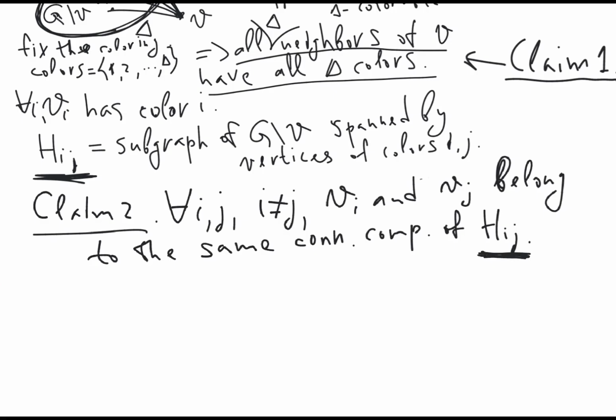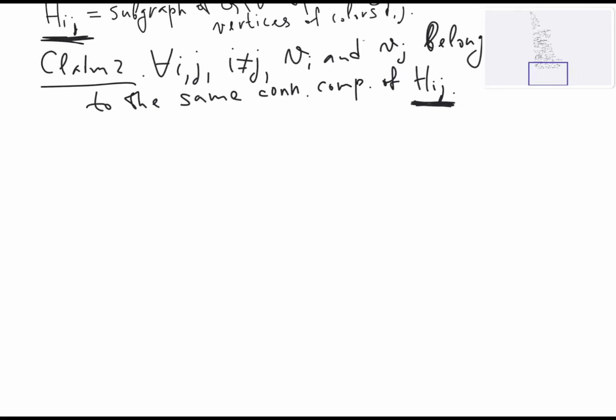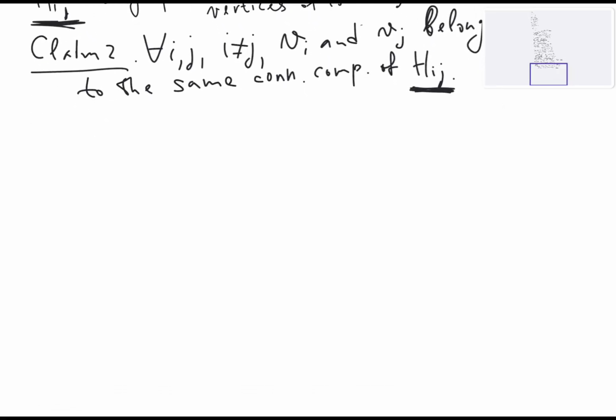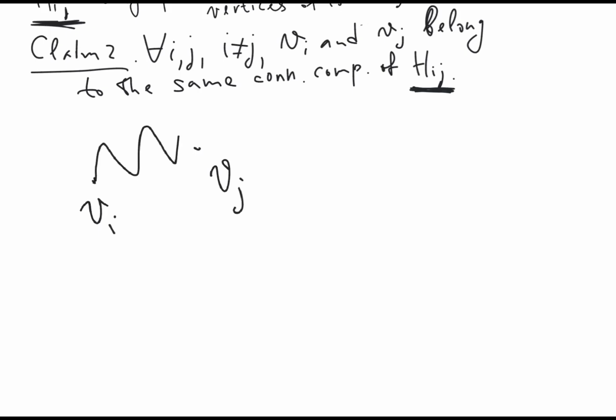And now this claim says that they belong to the same connected component of the subgraph. So basically, Vi and Vj are connected by some path using only colors i and j, some path in this subgraph.